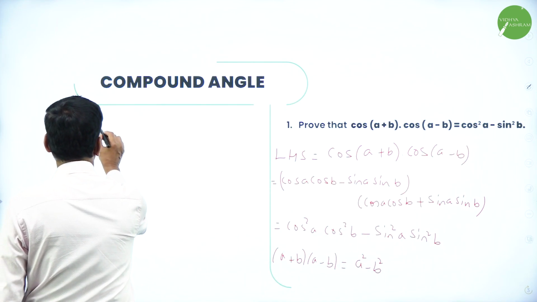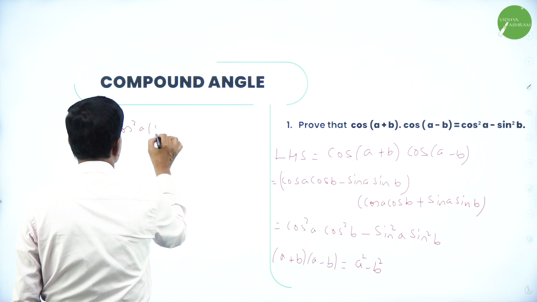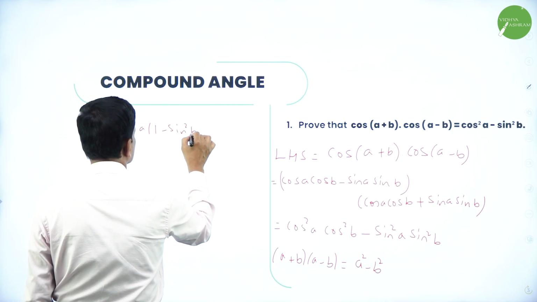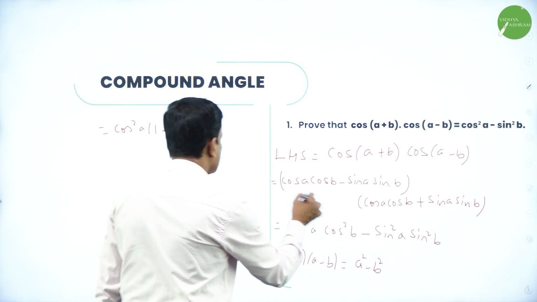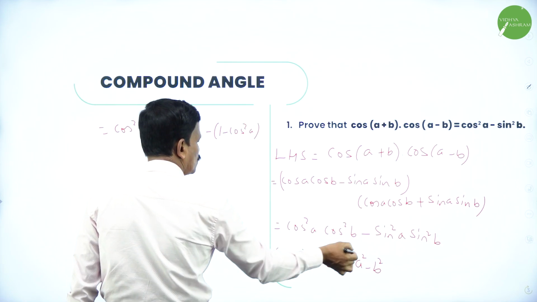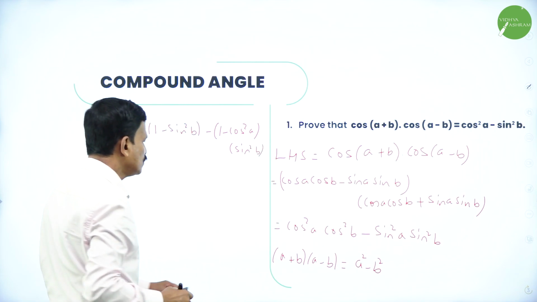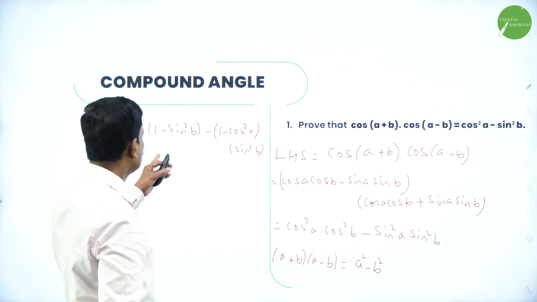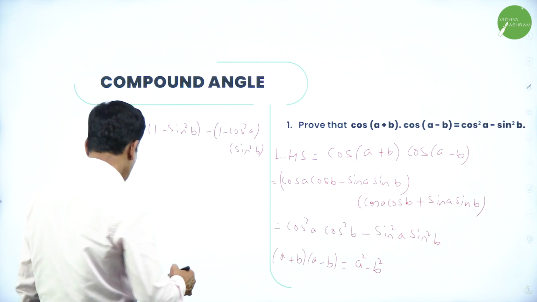Now cos square A as it is, you just keep cos square A, and this cos square B can be written as 1 minus sin square B. Sin square B as it is, convert this sin square A into 1 minus cos square A, into sin square B which will remain the same. Now multiply it.